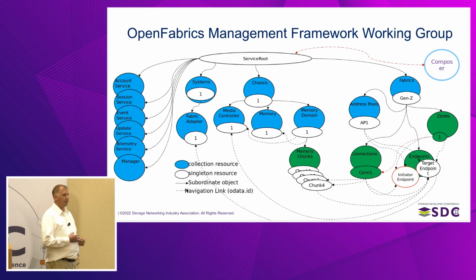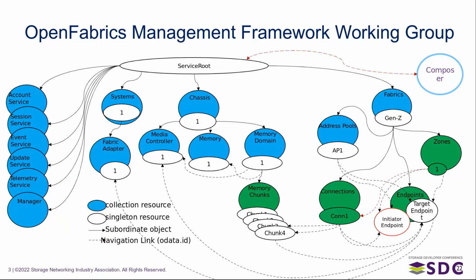But where is the fabric management interface? I didn't see it here, right? Fabrics? Yeah, it would be the fabrics, which would be another mock-up, but this is basically the components of whatever is in the OFMF.